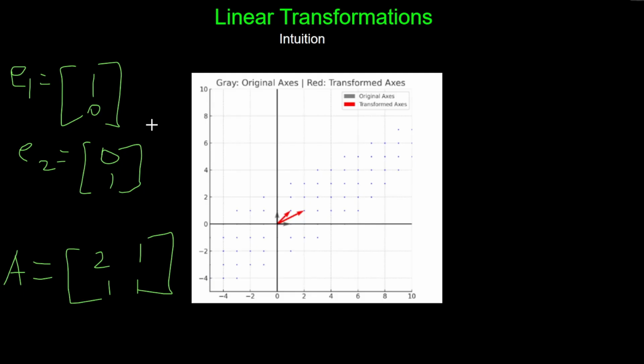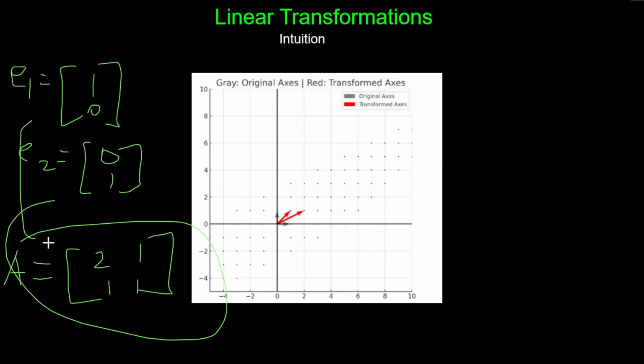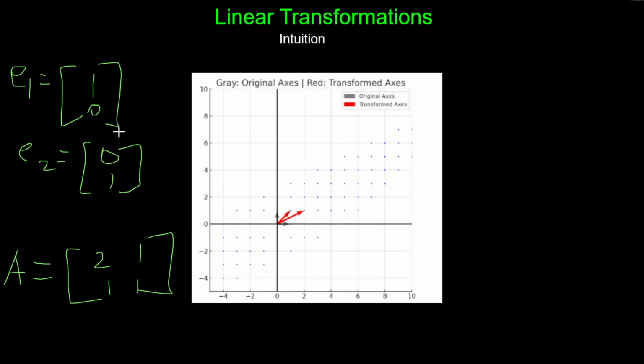We are going to apply the linear transformation to this 2D vector space. To apply that, we just multiply this matrix with each of these vectors, so we can see where the basis of the original vector space is now pointing. If we multiply A by E1, we get (2, 1).